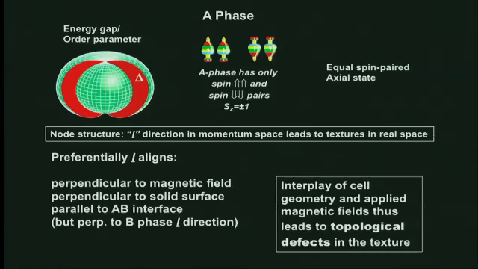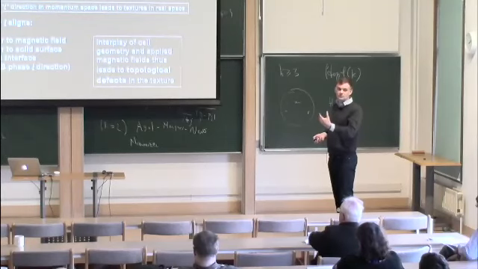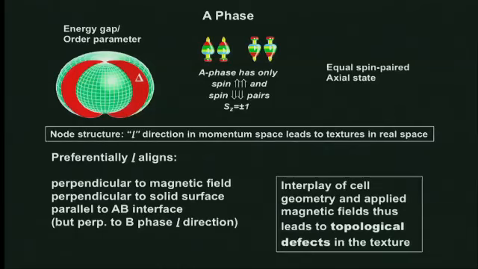So what you've got here is the central sphere is the Fermi surface, where the condensate lives, and then you have an energy gap structure where to break a Cooper pair you need to put in energy to take it out of the condensate and create quasiparticles. You're probably used to an S equals 0 superconductor where this energy gap or order parameter structure is isotropic in momentum space.